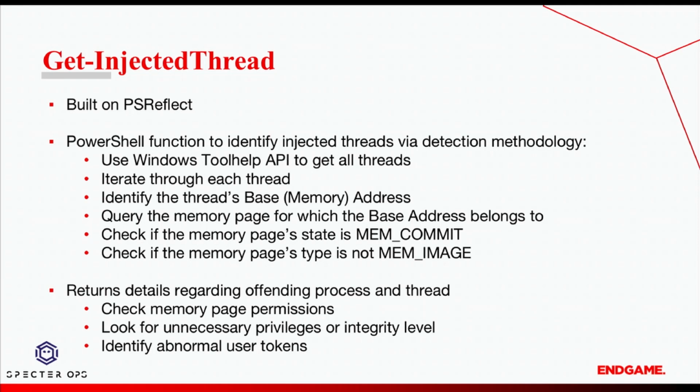One is we check to see if that base address memory page is committed, meaning it's allocated or it's being used. And then we check to see if the memory page type is not memory image, meaning that there's a file backing that memory page. If a thread's base address is committed and not backed by a file, then that's what we consider a hit, or something that we should look into.